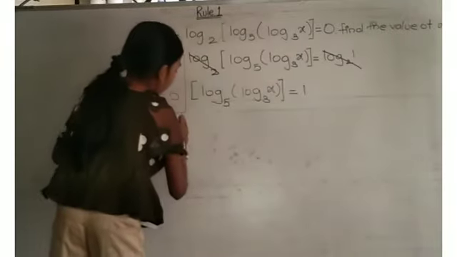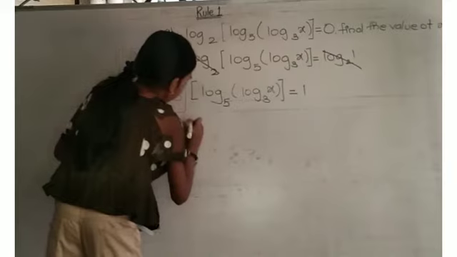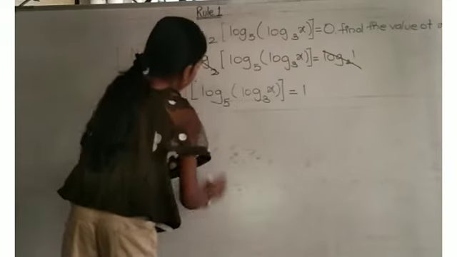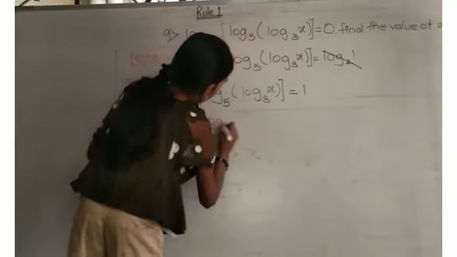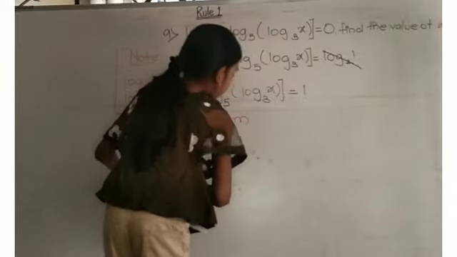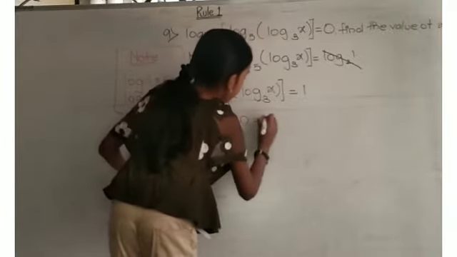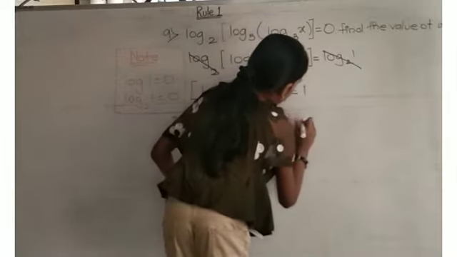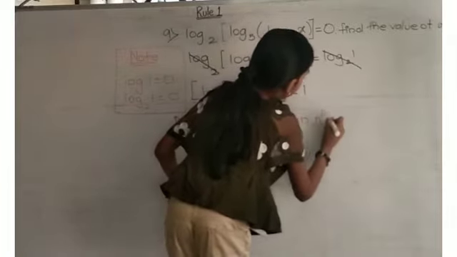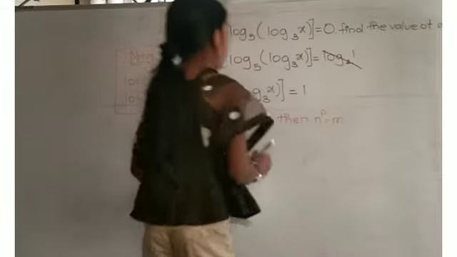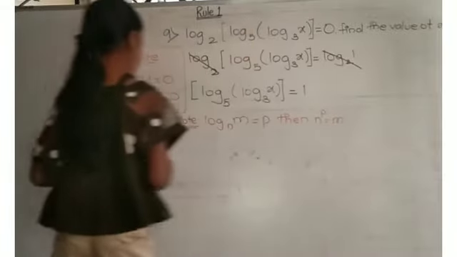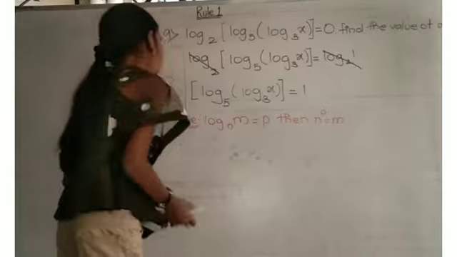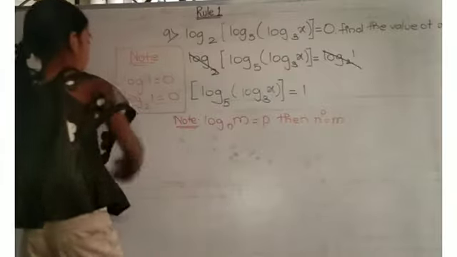Formula. Note down the formula which I am writing. The formula is log m to the base n is equal to p, then n raised to p is equal to m. Now we are going to compare.